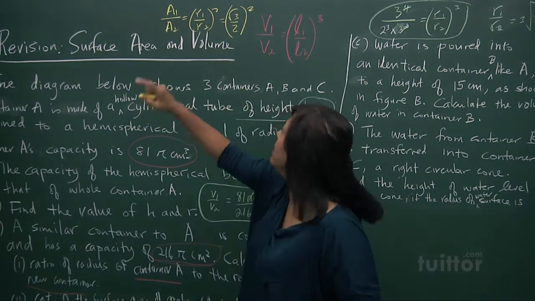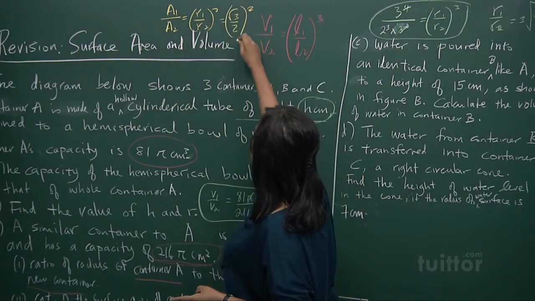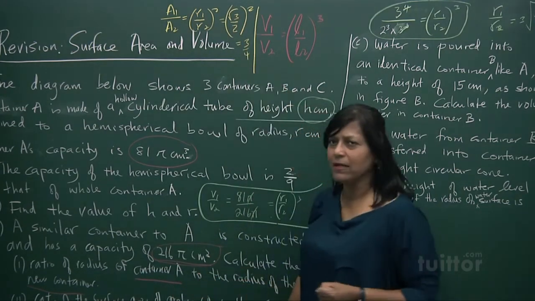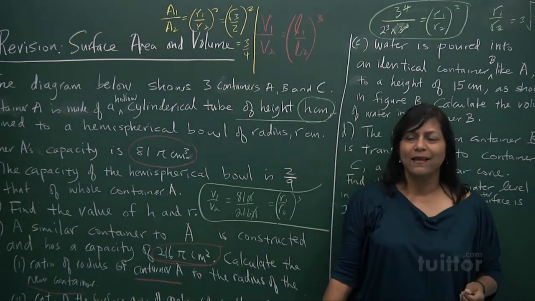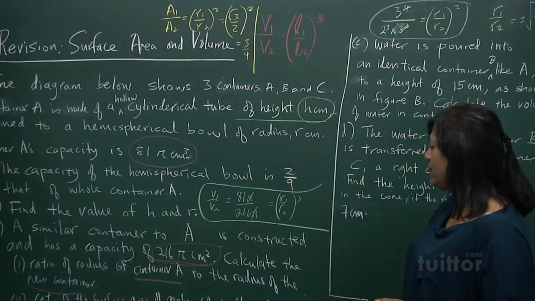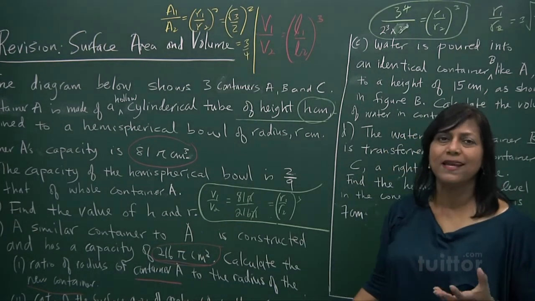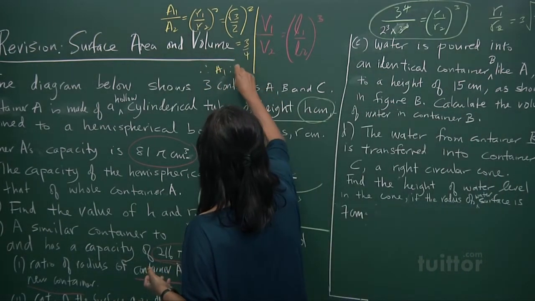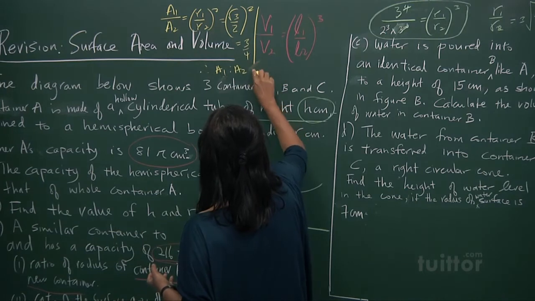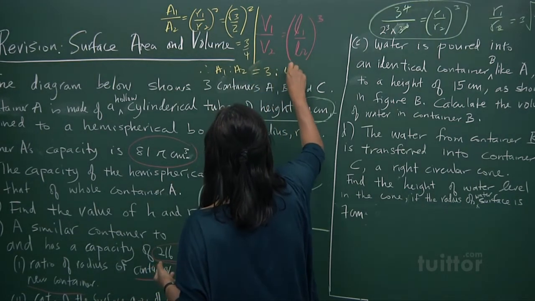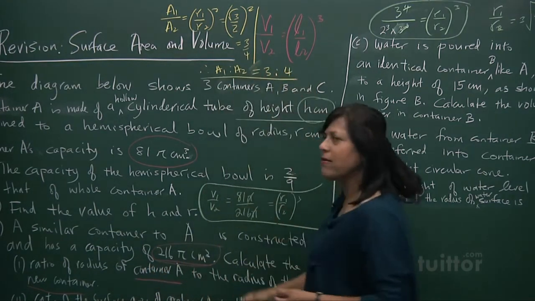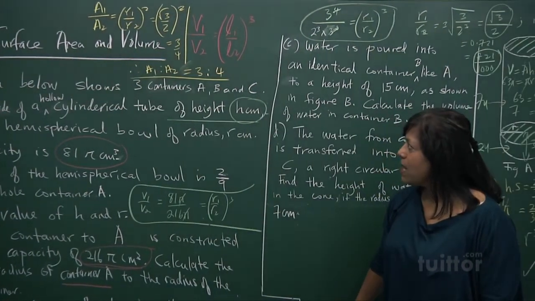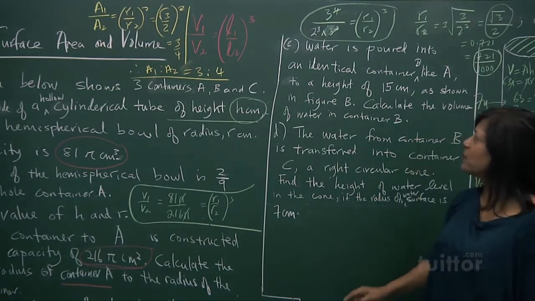When you square it, you get 3 over 4. So that's the ratio of the area when you keep it exact. So the ratio of area A1 to A2 will be 3 is to 4. Therefore, A1 to A2 is equal to 3 is to 4. This is how you write ratio. Okay, good.